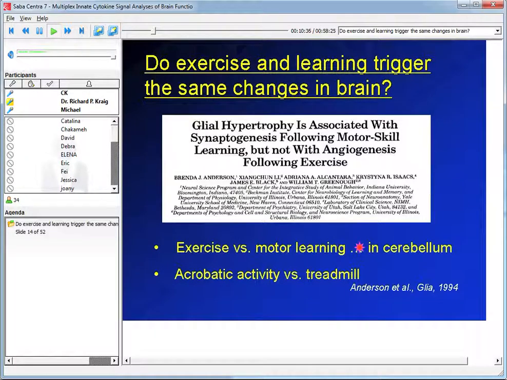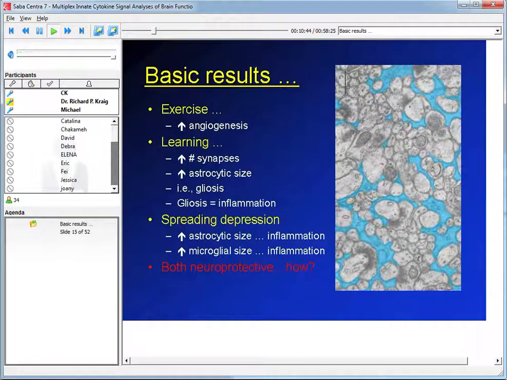Their paradigm was either acrobatic activity, that is balancing on a wire, versus simply running on a treadmill. And what they found, reconfirming an old piece of literature, was that exercise can increase angiogenesis in the brain, capillary density. But that motor learning was associated with not only an increased number of synapses, but astrocytes, which vitalize synapses.